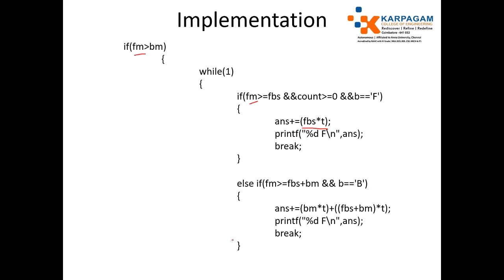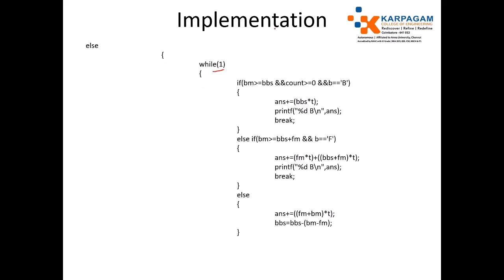Okay, here we are checking the same condition, for the backward direction also we have to check. You have used BM greater than or equal to BBS, and then count greater than or equal to 0. If this condition is true, check its backward direction. For the backward direction, just multiply BBS with T and store it to the answer.